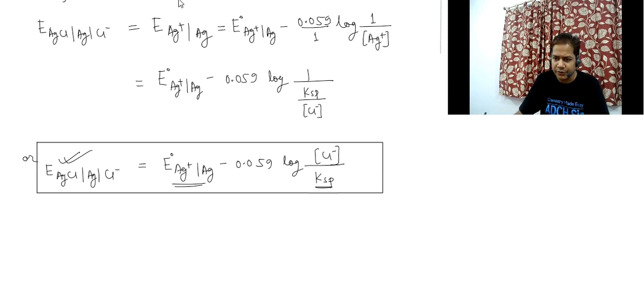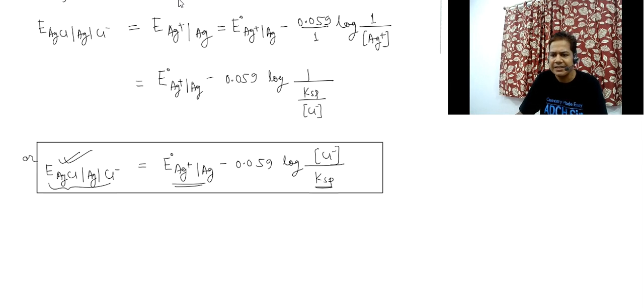It's important to note that the standard condition for this electrode, for the metal-metal insoluble salt electrode, will have concentration of Cl minus as 1 molar. How do we define standard conditions? At standard conditions, active masses of all the species involved should be equal to 1. AgCl is a pure solid, its active mass is 1. Ag is also a solid, its active mass is 1.